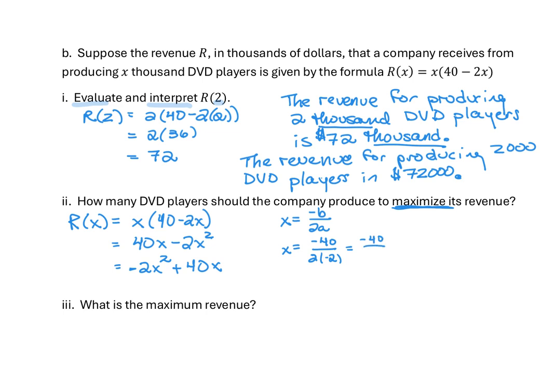This is equal to negative 40 over negative 4, which is equal to 10. And so again, remember we do need our units because we have x thousand. And so we need 10,000 DVD players to maximize revenue.